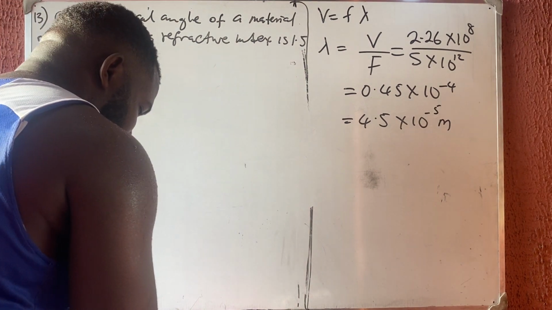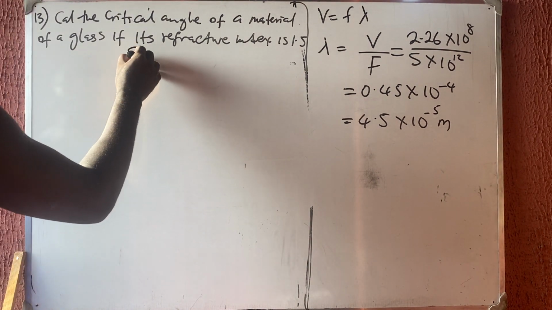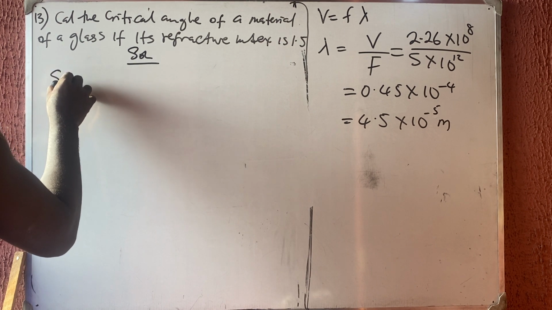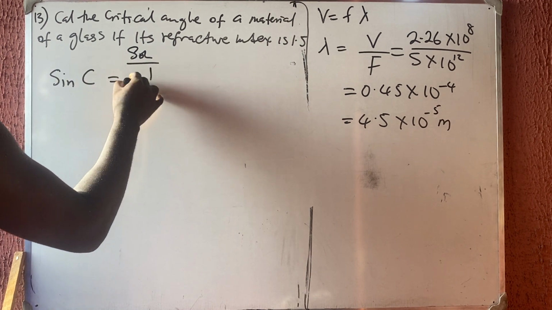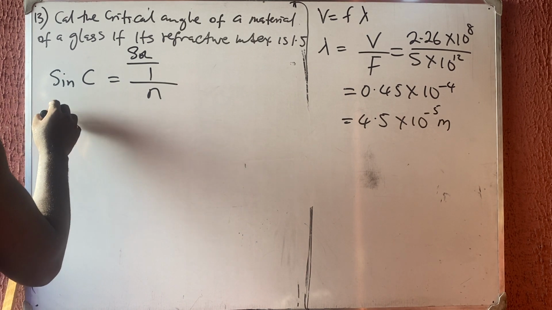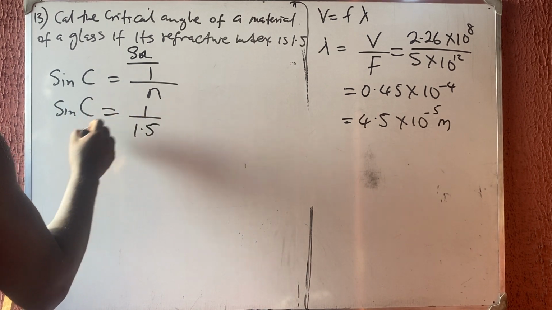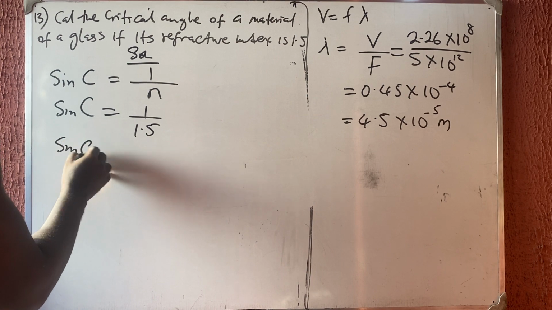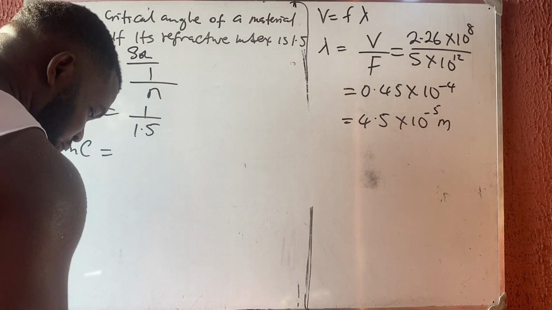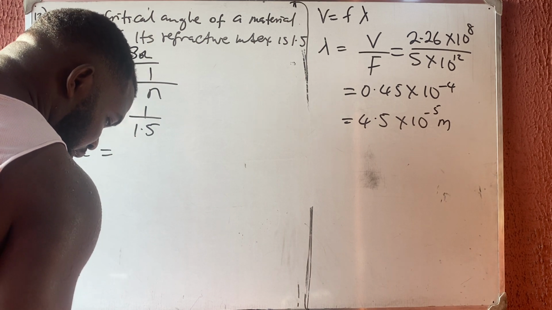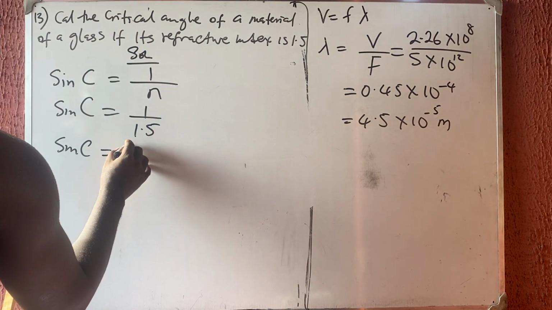It's as good as what we just solved now. Solution: you should know that the sine of the critical angle is equal to 1 over the refractive index. So sine C is equal to 1 over 1.5, which gives 2 over 3.